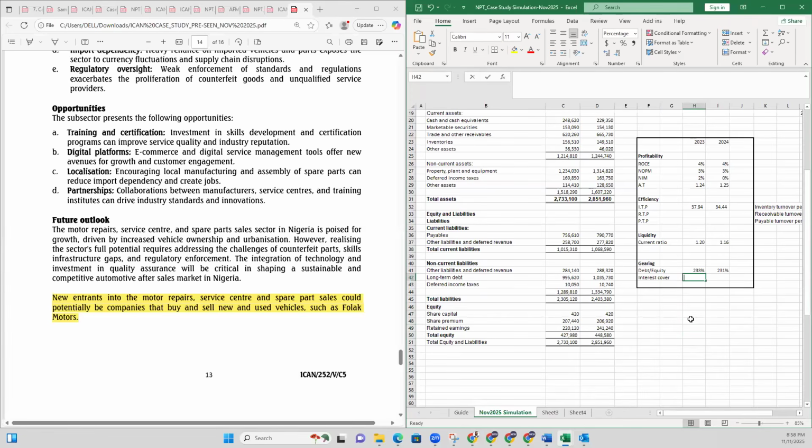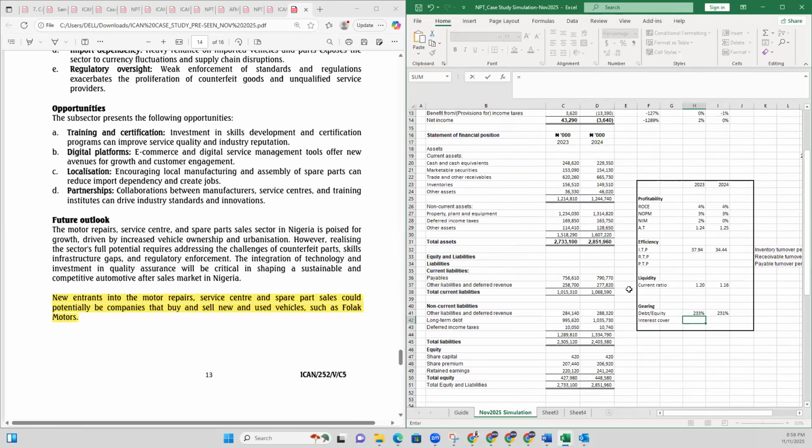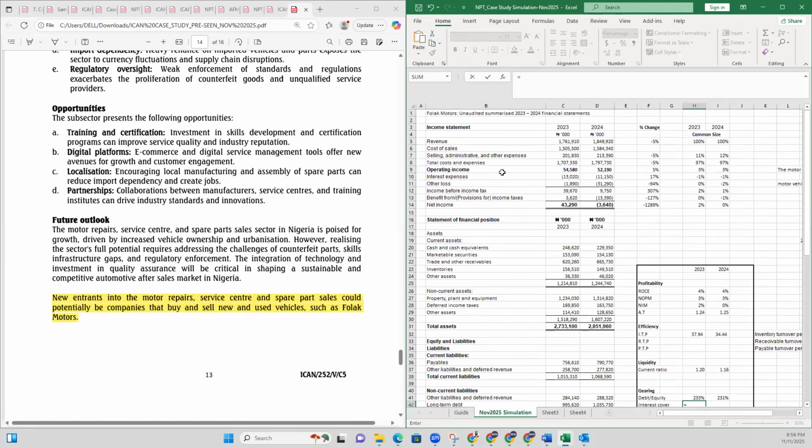So interest cover is the number of times your EBIT, which is this, can cover your interest. Is that not so? Are you happy with this?